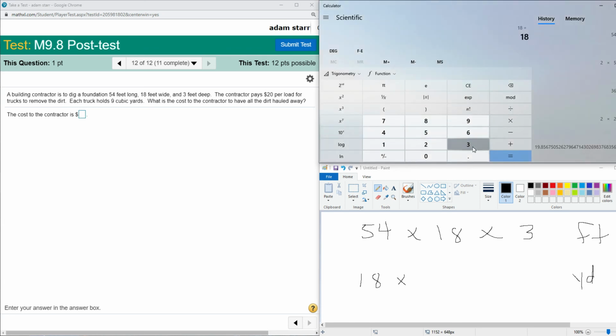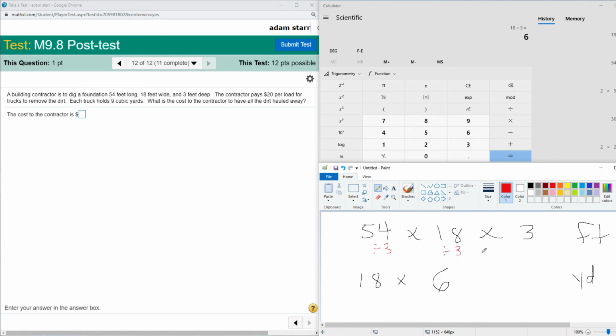18 divided by 3 is 6. So again, I am dividing these by 3. Okay, 3 divided by 3 is 1. So these are my dimensions now in yards, because I want to find my volume in yards.